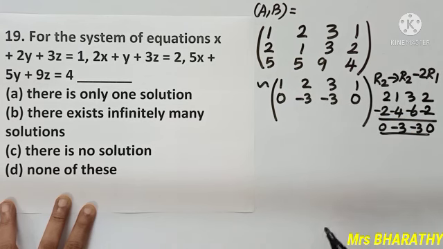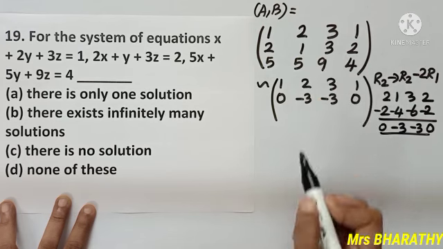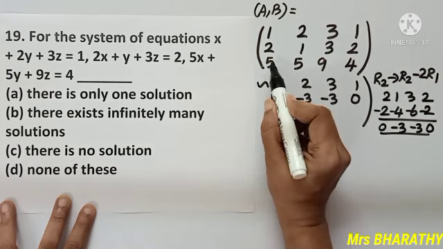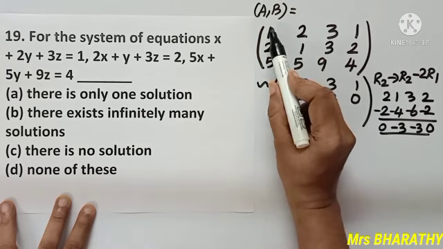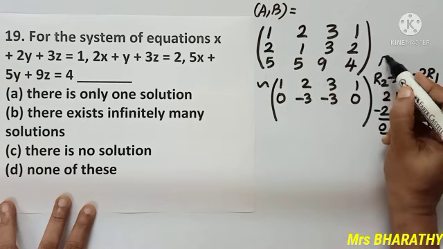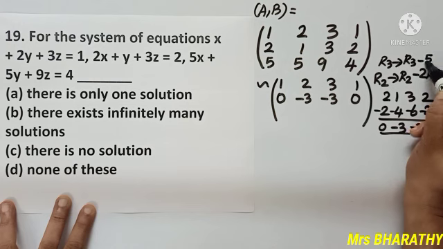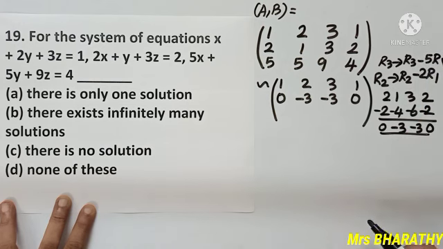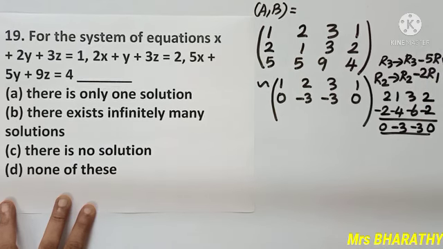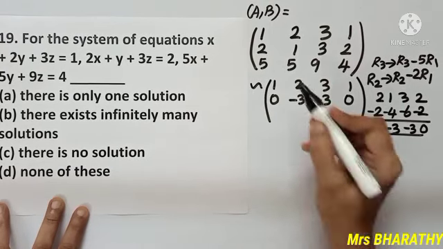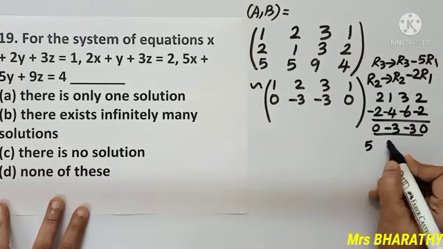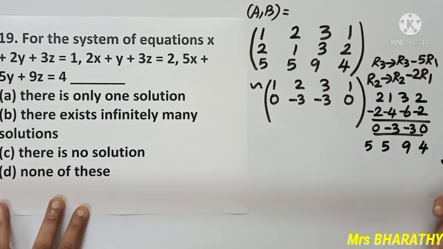In a similar way, I want to find R3. What is the number? 5. Here the number is 1. So R3 becomes R3 minus 5R1. R3 is 5, 5, 9, 4.